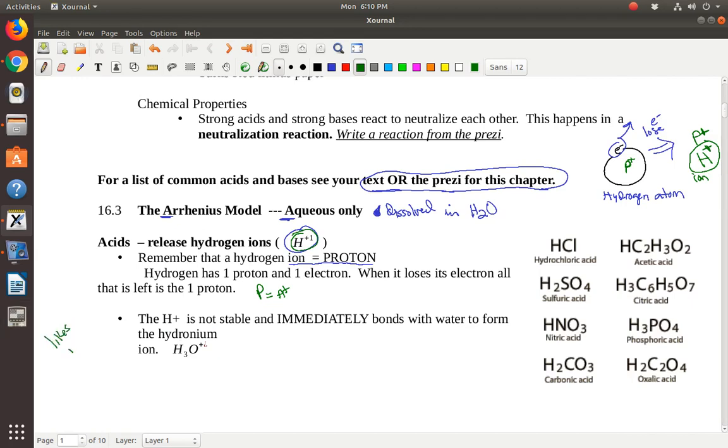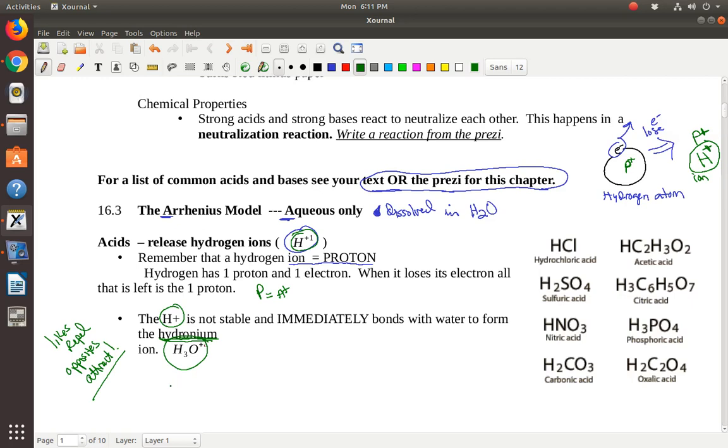Likes repel. That's one of the important things in chemistry. But what do opposites do? Opposites attract. So the hydrogen ion is running around, it's unstable, so it bonds with water to form this thing here called a hydronium ion. There's that word, hydronium. That's an important word. And so the number of hydrogen ions is equal to the number of hydronium ions.